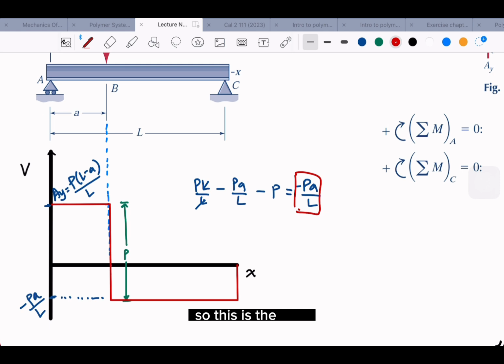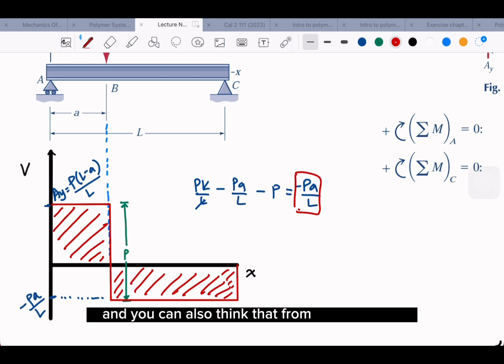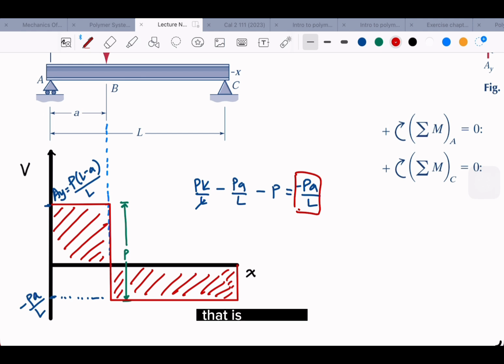So this is the area. This is the area. And you could also think that from this part here that is constant, you can think that the derivative of V is 0.